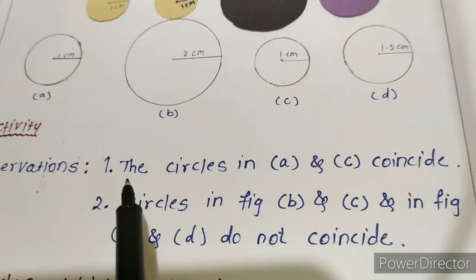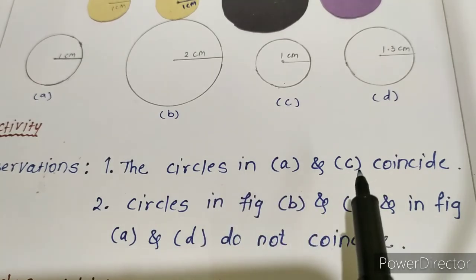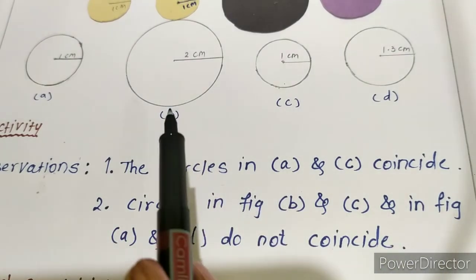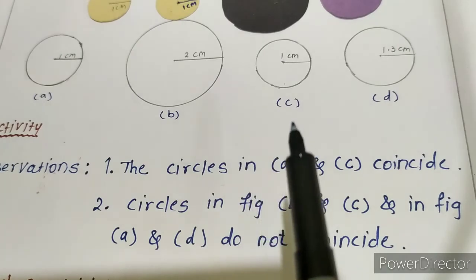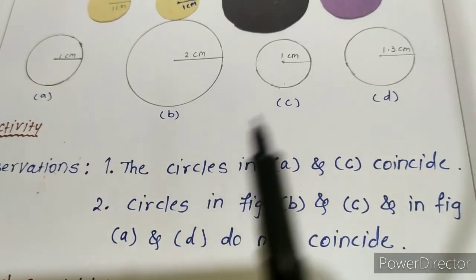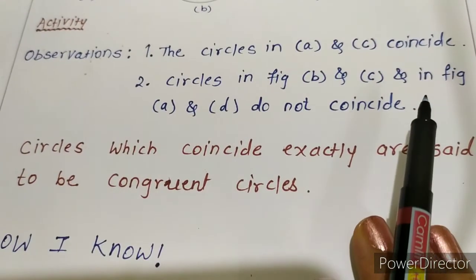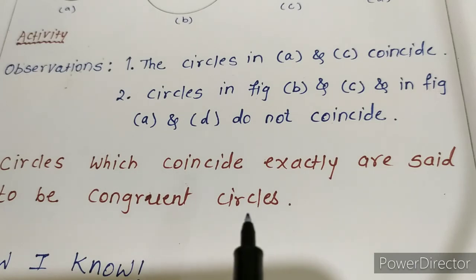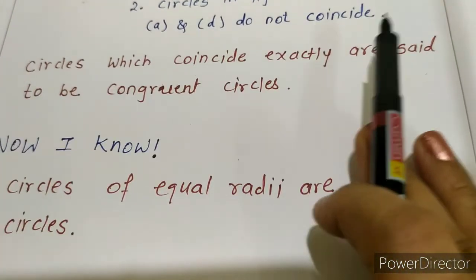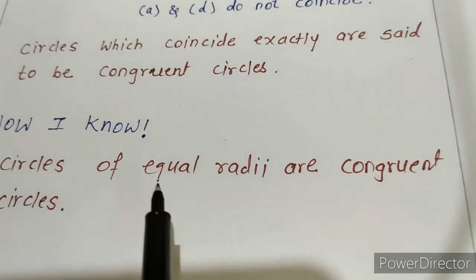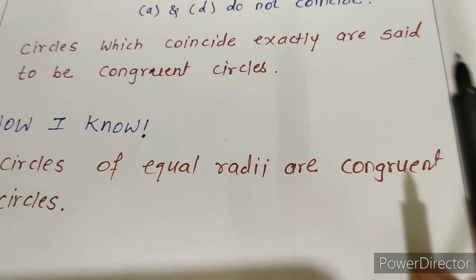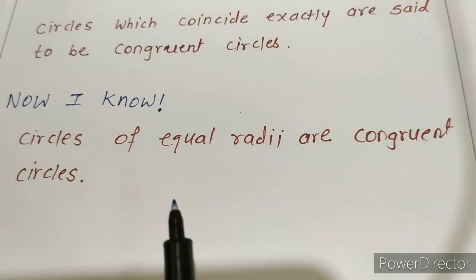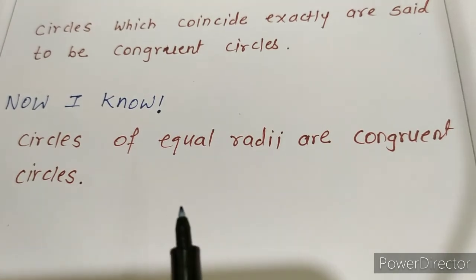From this we can say that the circles A and C with radius 1 centimeter coincide, while the circles in figures B and C and in figures A and D do not coincide. So circles which coincide exactly are said to be congruent circles, and the radii of congruent circles are equal. So now I know circles of equal radii are congruent circles. It means if the radius is equal, then those circles are congruent.